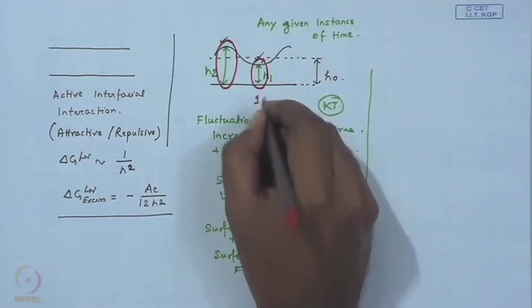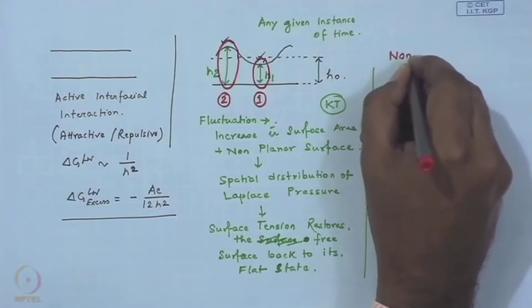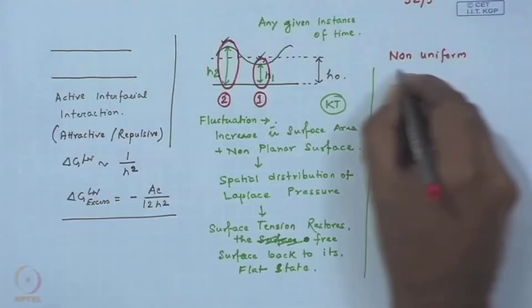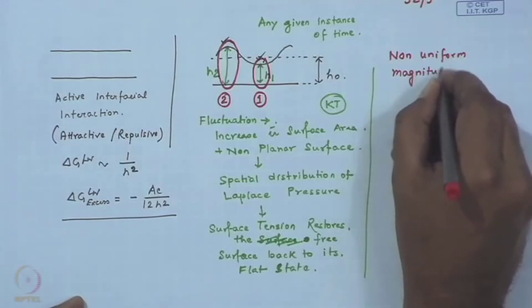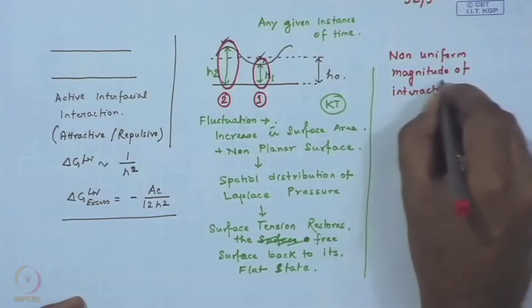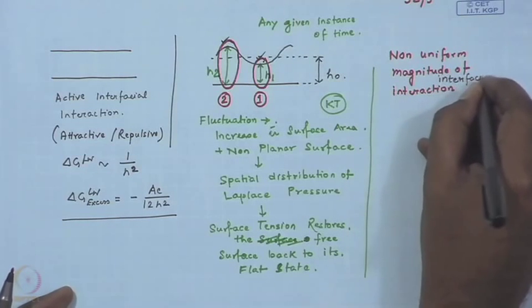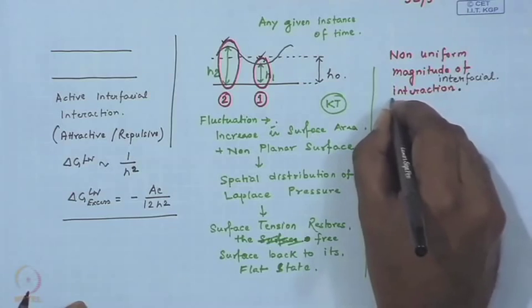Okay. So, let us say this is location 1, this is location 2. So, there is now an additional field that arises because of the non-uniform magnitude of interfacial interaction.